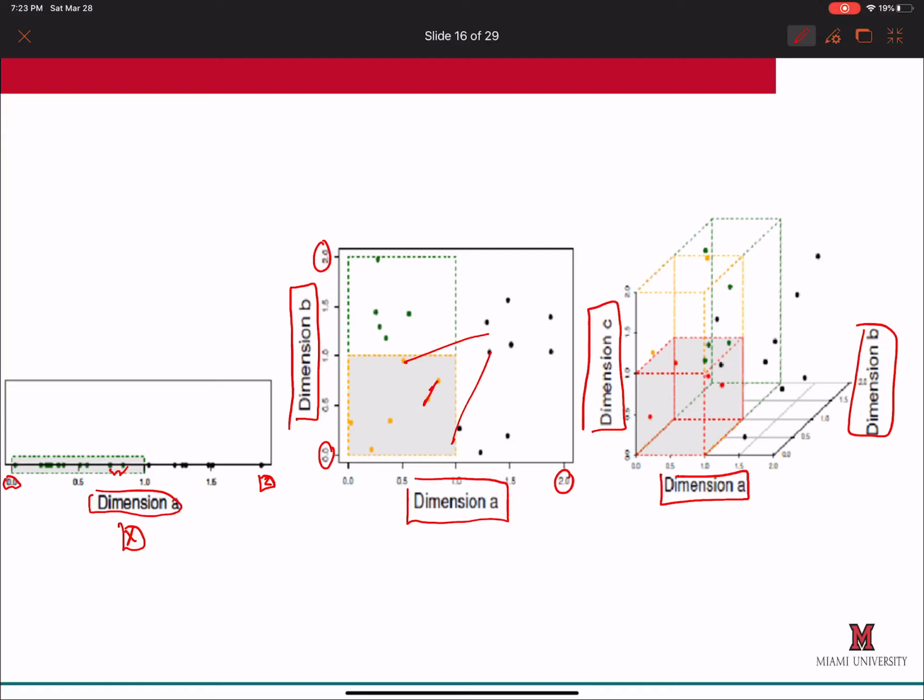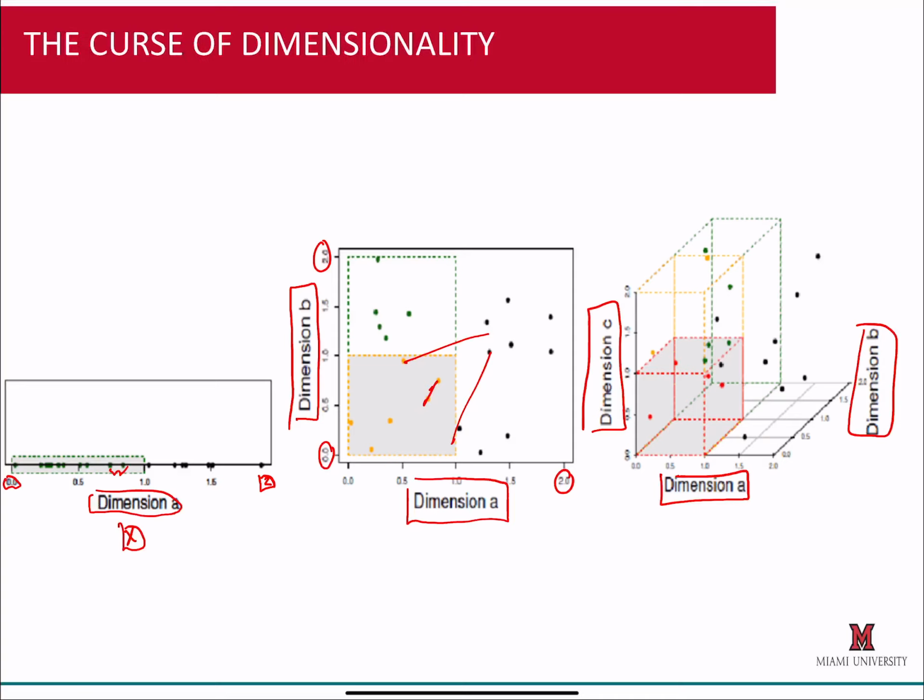And actually, there are mathematical proofs that show that if you just take a range of values, let's say from 1 to 2, the number of points captured in that range, as the dimensions go higher and higher, the percentage of the points is lower and lower, which means, in other words, that the points get further and further away as the dimensions increase. Okay, just keep that in mind.